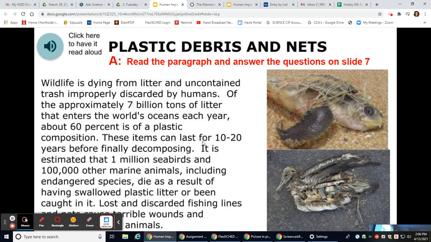These items can last for about 10 to 20 years before finally decomposing. It's estimated that 1 million seabirds and 100,000 other marine animals, including endangered species, die as a result of having swallowed plastic litter or having been caught in it. Lost and discarded fishing lines and nets cause terrible wounds and suffocation of sea animals.